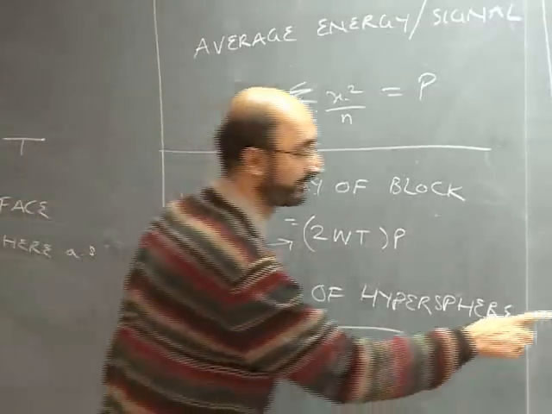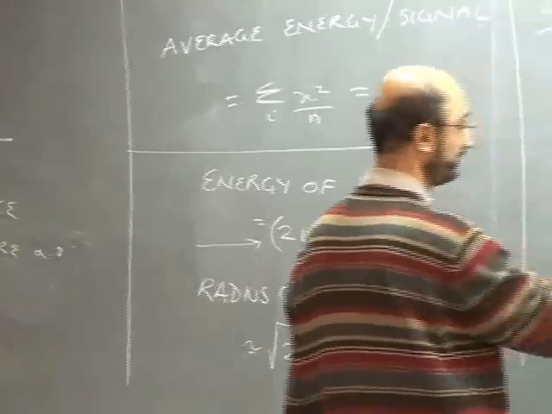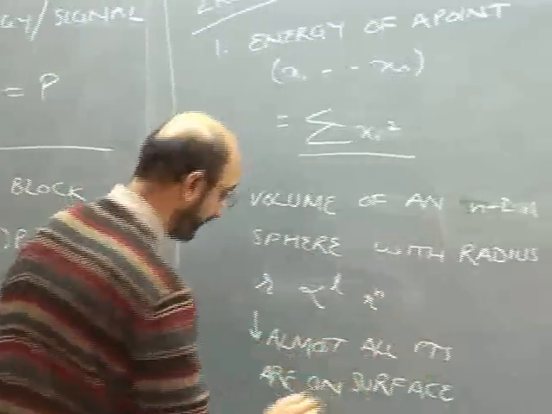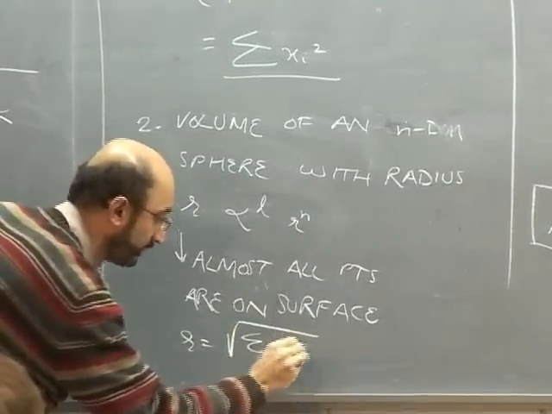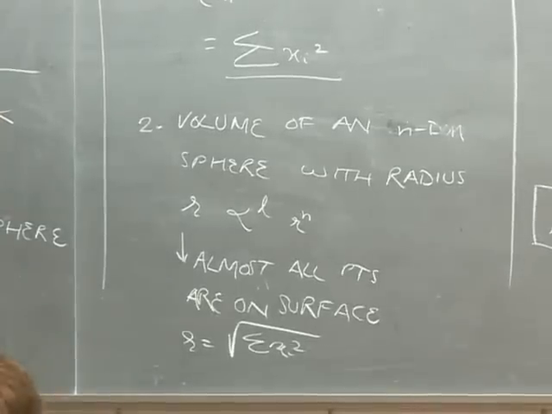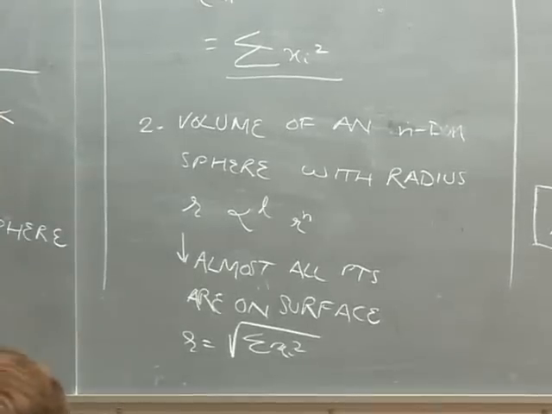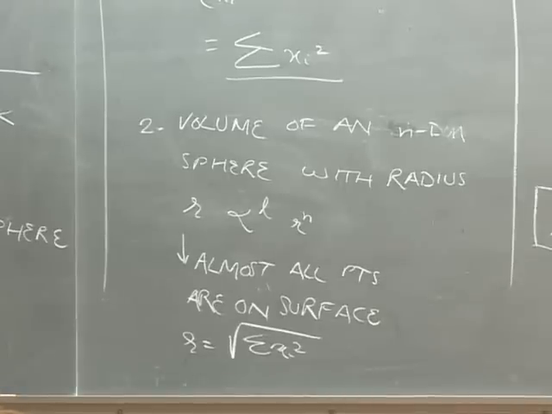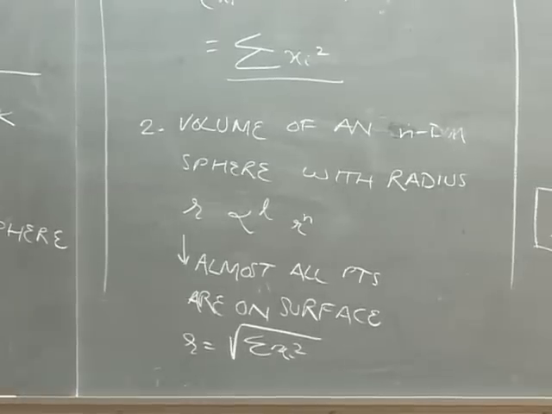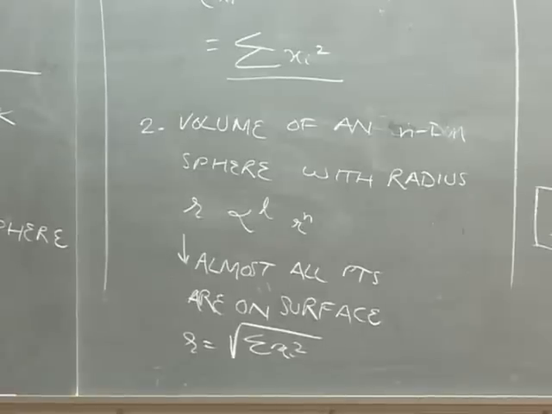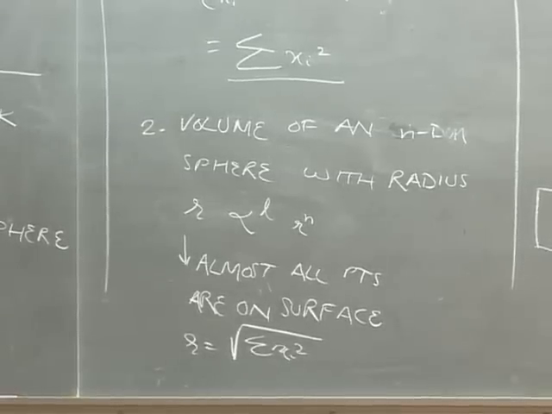So r equals the square root of sigma xi squared. We're getting this funny thing that if I take any point, it's on the surface. So if I take the square root of the energy associated with that point, I'm getting the radius approximately, and that tells us the radius of the hypersphere.